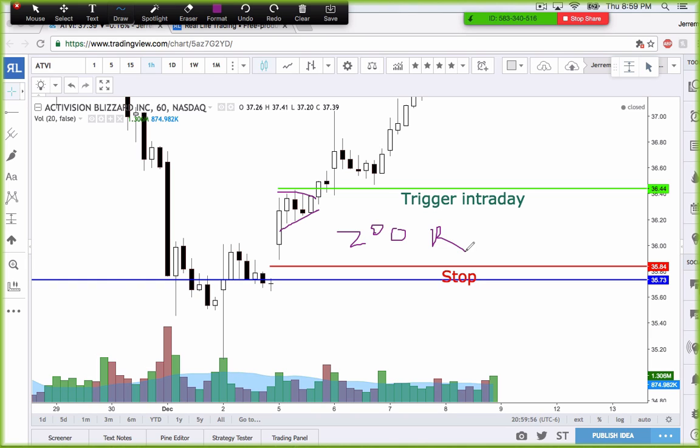Risk is $200. So do the math. 36.44 minus 35.84 equals 60 cents. 200 divided by 60 cents equals 333 shares. That's it.